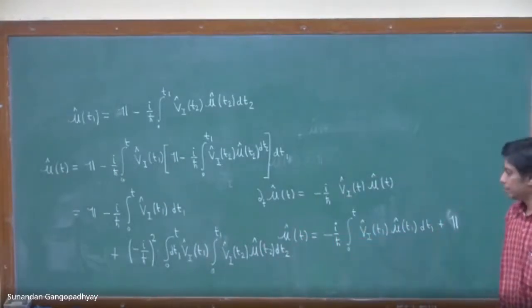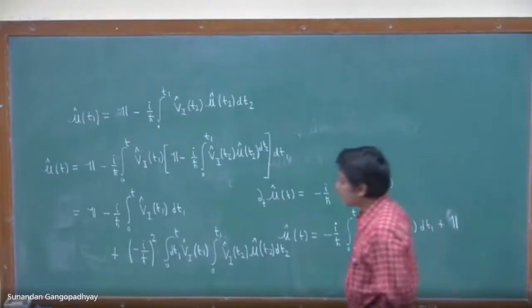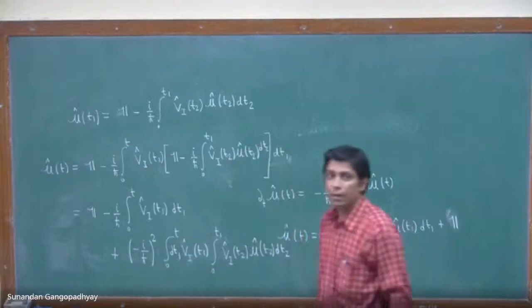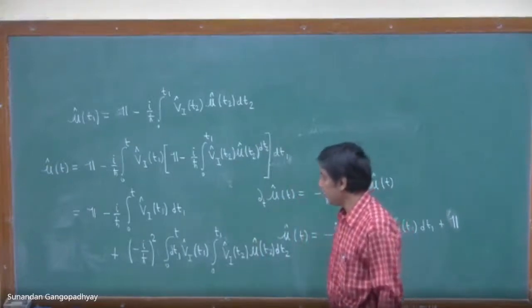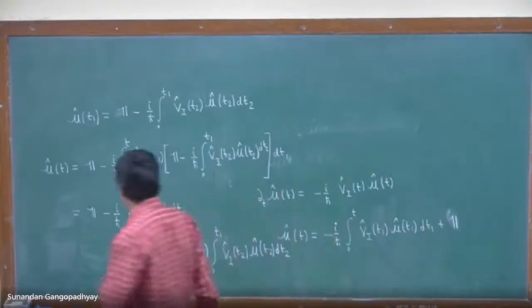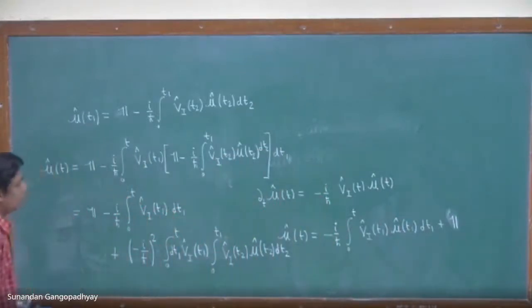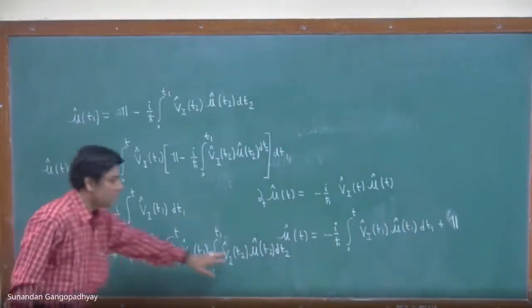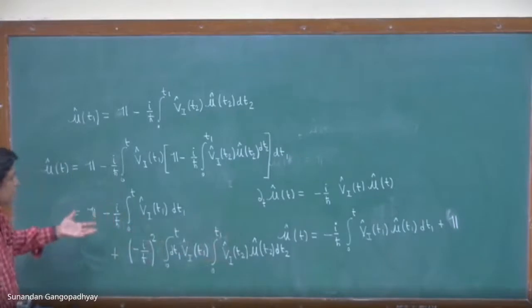Yes, sir. Okay. So you can see that we have obtained a formal expression for u hat t. We are trying to develop a series expansion for u hat t, and up to this part everything is exact. It is still an integral equation, because this part is known.